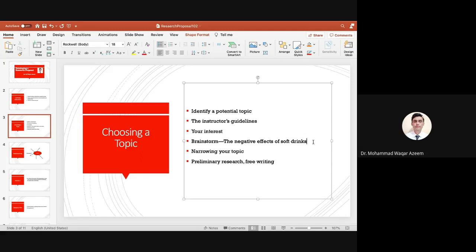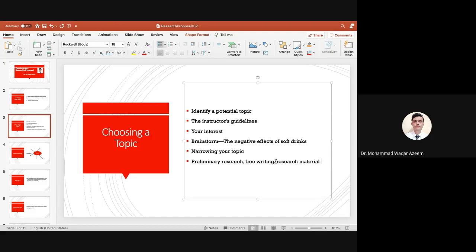The other way of doing that is to research some material. By material, I mean some online blogs, some materials in the form of newspapers, magazines. Look around at what other people are writing about this particular topic, the effects of soft drinks.